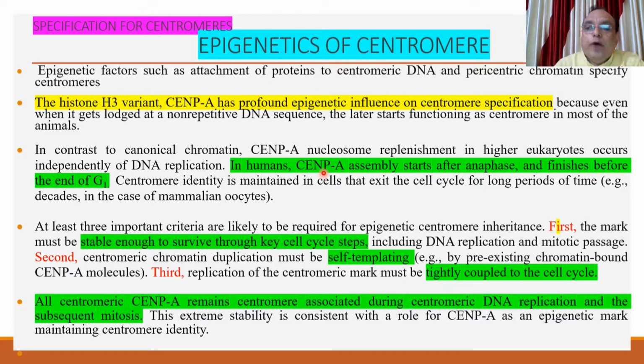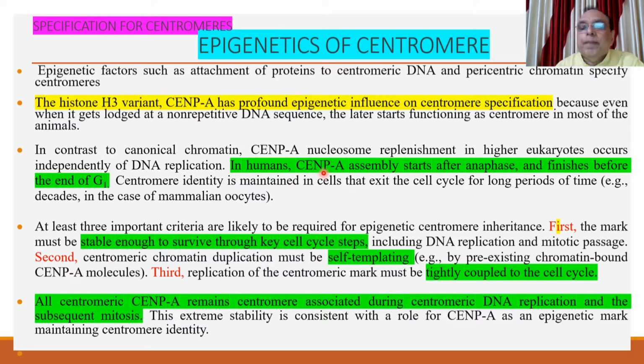So gap 1 is the gap, and synthesis takes place during S phase or the synthesis phase. Most of the proteins are synthesized then, but in human beings in particular, the centromeric protein A, that is CENPA, is synthesized during the G1 phase of the cell cycle, and it remains tightly bound to the DNA.